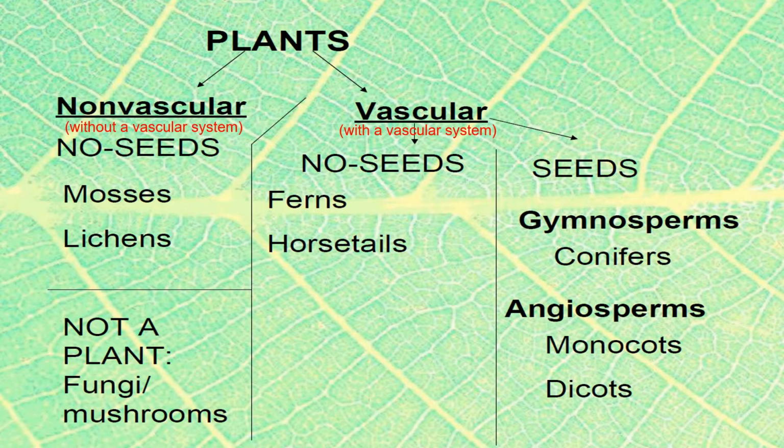And we have two different groups of seed-producing plants: gymnosperms, that is different conifers and cycads, and angiosperms, that is monocots and dicots. So I have tried to repeat what we've studied so far, and I hope you now understand what this lecture is going to be about as far as the classification of plants is concerned.